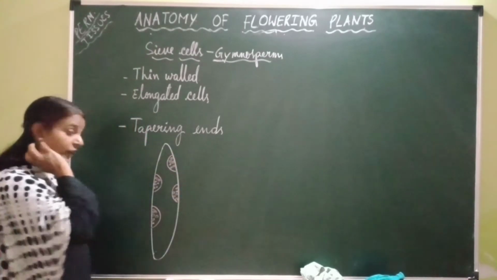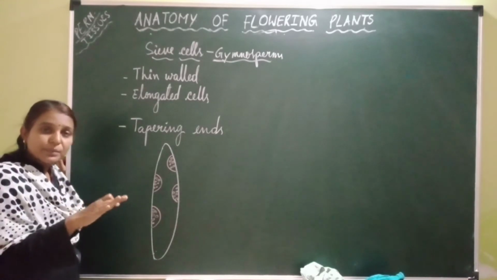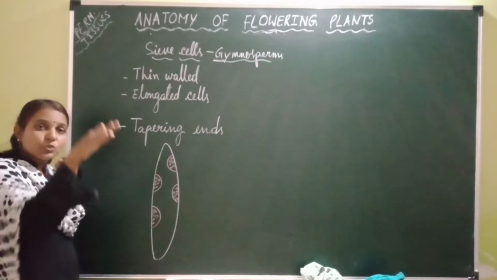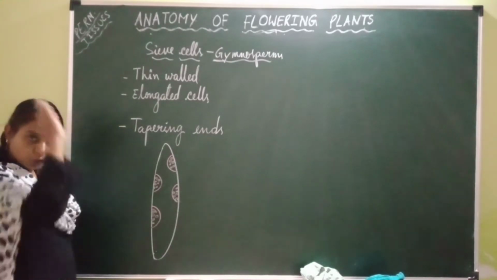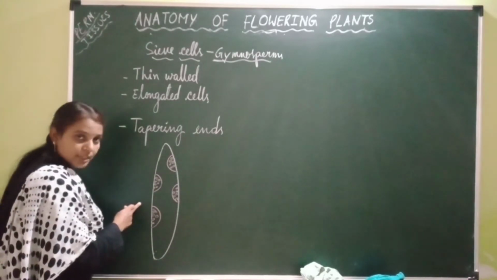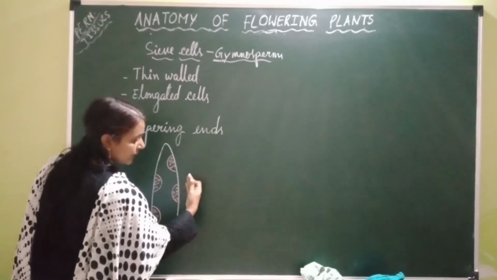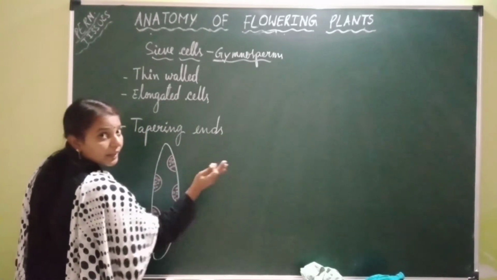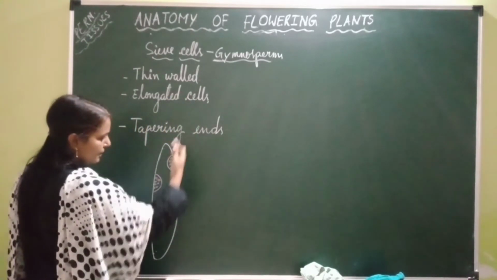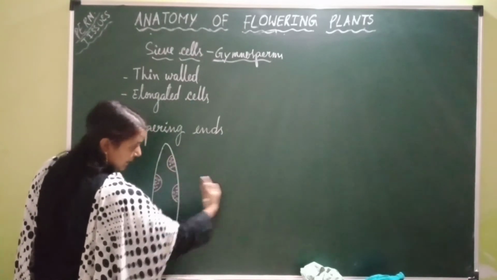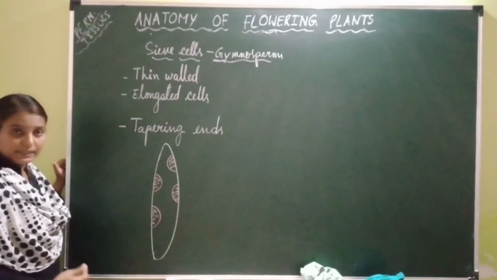In case of angiosperms, sieve members of a sieve tube are arranged one above the other to form a sieve tube, in a longitudinal, vertical manner. But here in case of gymnosperms, the sieve cells are aligned one after the other horizontally, radially.